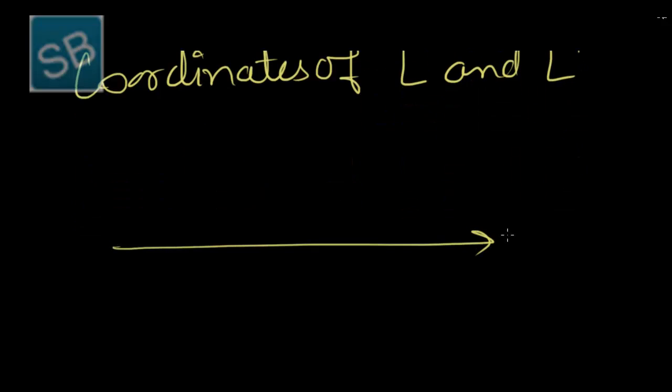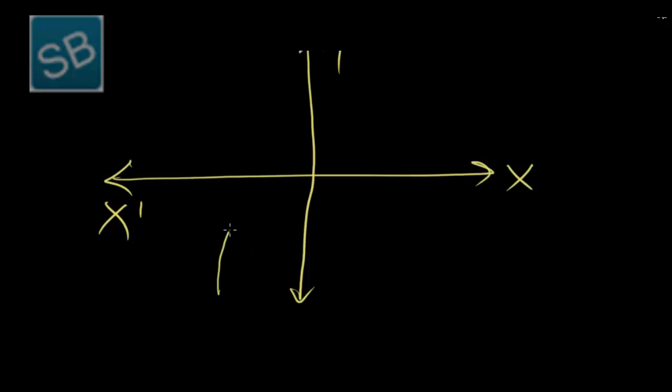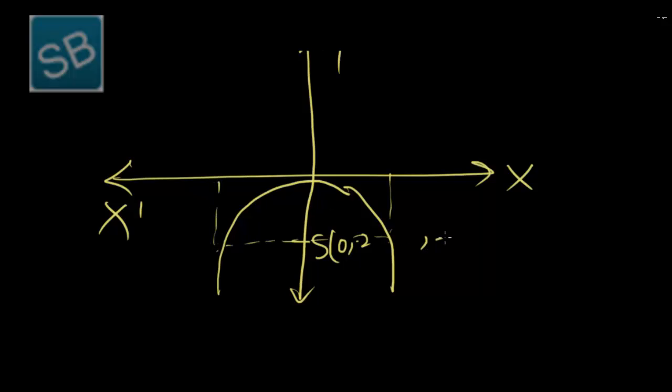Just see, this is x-axis, this is y-axis. As our parabola is x square equals minus 4by, focus is here 0, minus 2. So if we see, y coordinate will be same, that will be minus 2, and we have to find x1, and minus x1, minus 2.